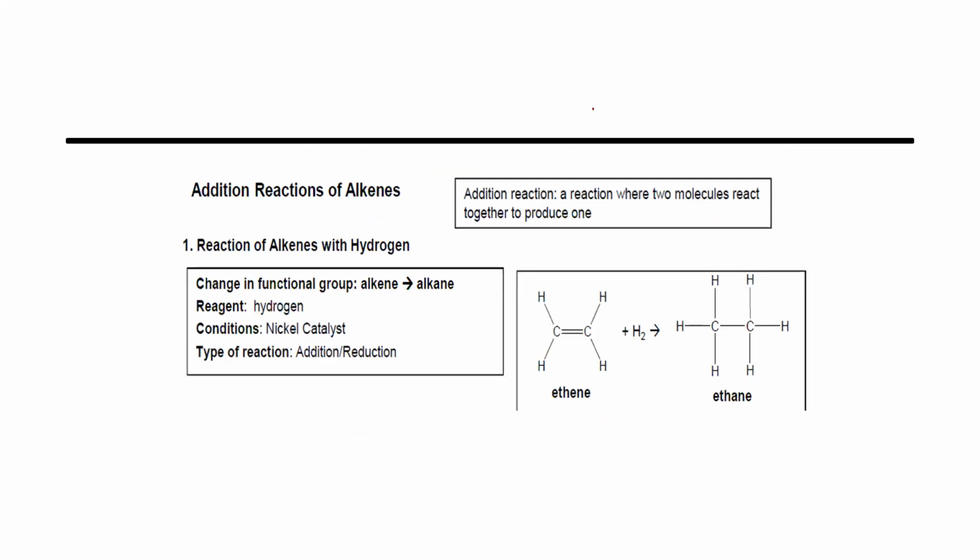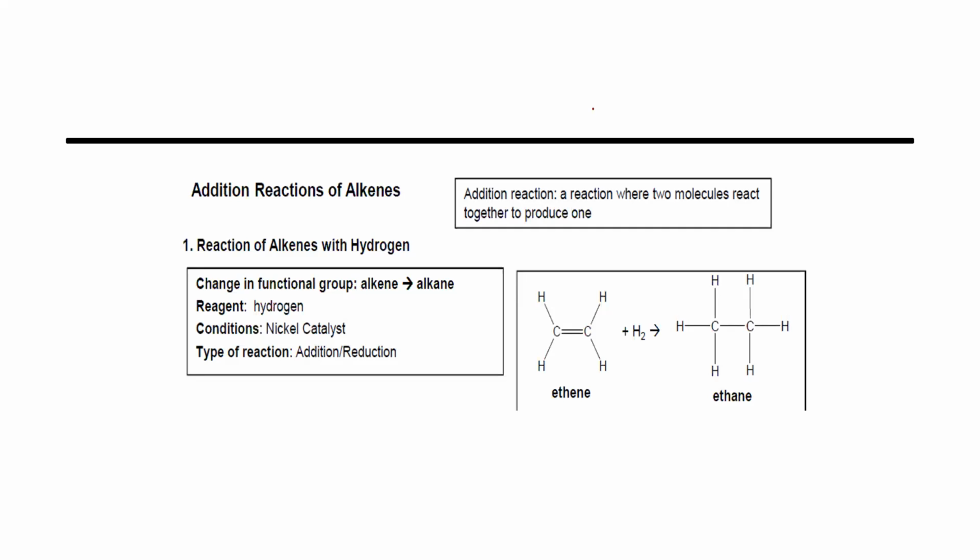Then the reactions of alkene. As we discussed in IGCSE, the same reactions are there, but this time you have to learn the mechanism as well. So first we write the general equation and then we write the mechanism.